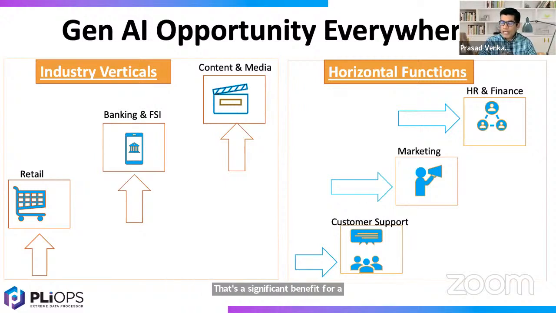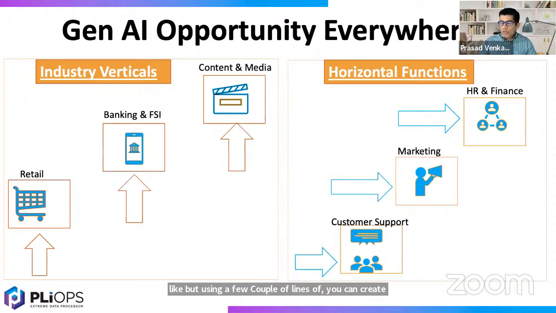And when it comes to marketing, it's not just about creating beautiful images and content, but using a couple of lines of prompts, you can create a very good marketing campaign, right?